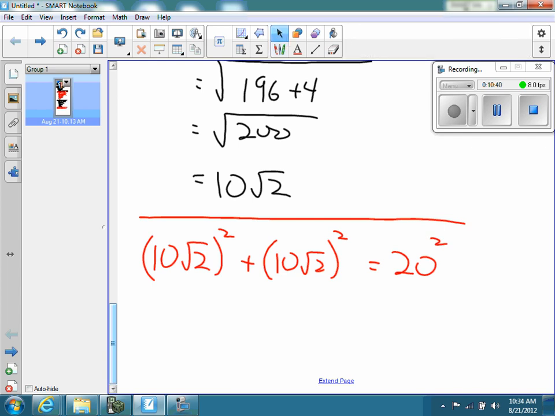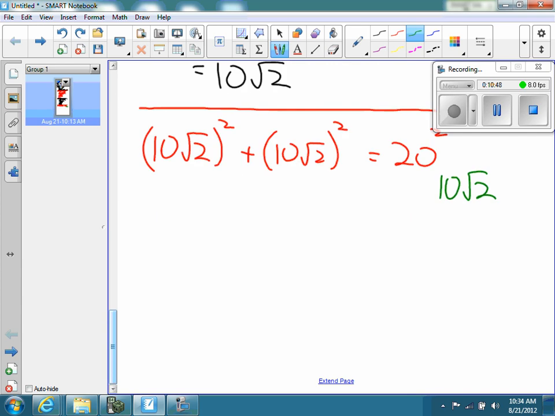I'm going to do it on the side here, because you might not remember. 10 radical 2 is the same thing as saying 10 times radical 2. And if we're squaring a product, we square all the terms of the product.